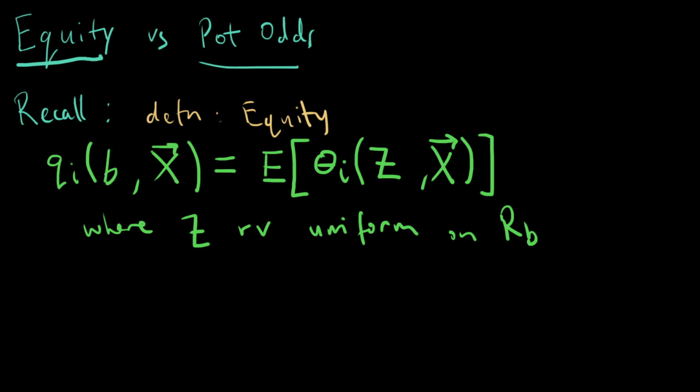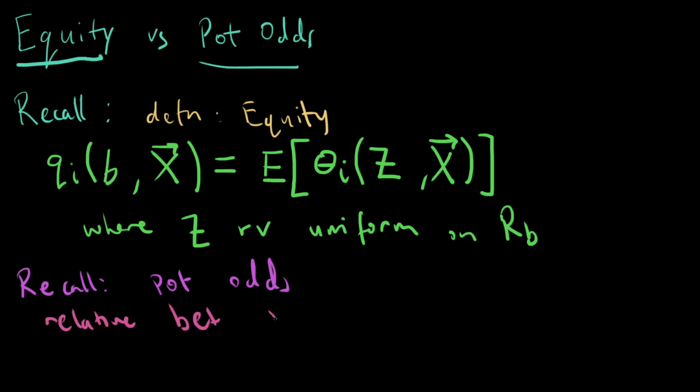And now we also want to define the pot odds. So recall what we mean by pot odds. For a relative bet size S, the pot odds omega is equal to S over 1 plus 2S.